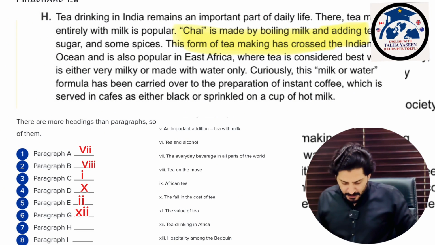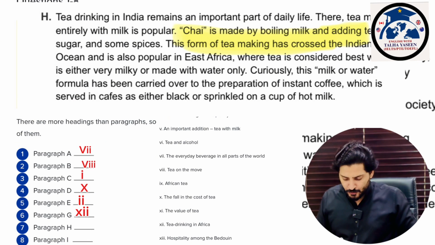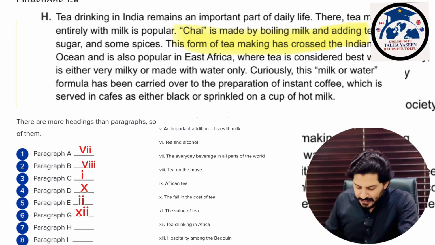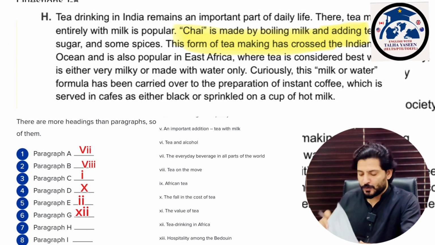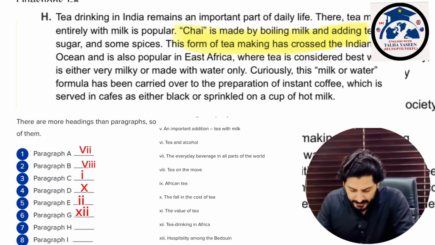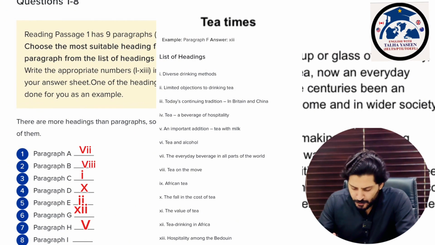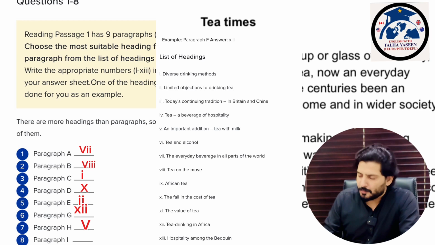This form of tea making has crossed the Indian Ocean and is also popular in East Africa, where tea is considered best when it is either very milky or made with water only. What will we write in front of paragraph H? We will write: tea, a beverage of hospitality, an important addition, tea with milk.